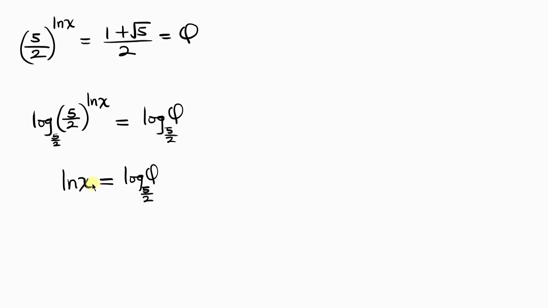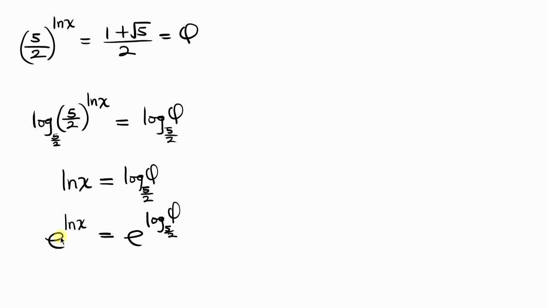So how do I get x? Since I have ln here, I can get x when I take the base exponential of both sides. So I take the base exponential of ln x equal to, I'll also take the base exponential of the right hand side, which is of log golden ratio of base 5 over 2.